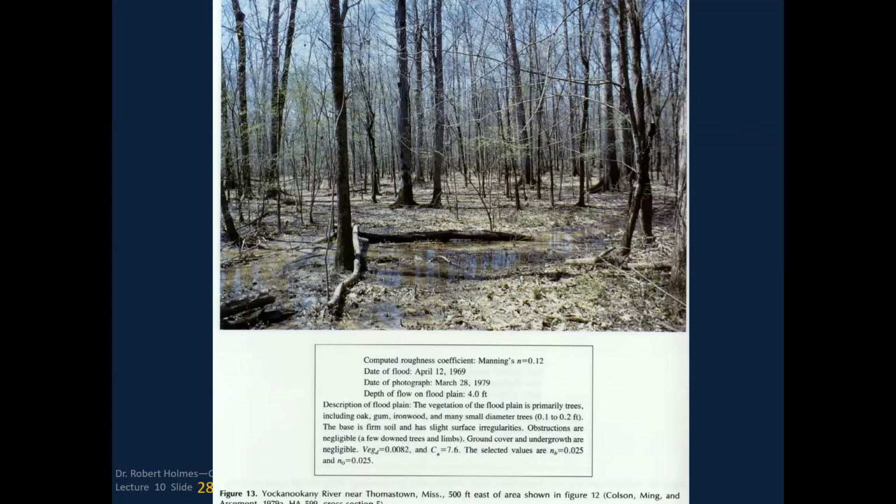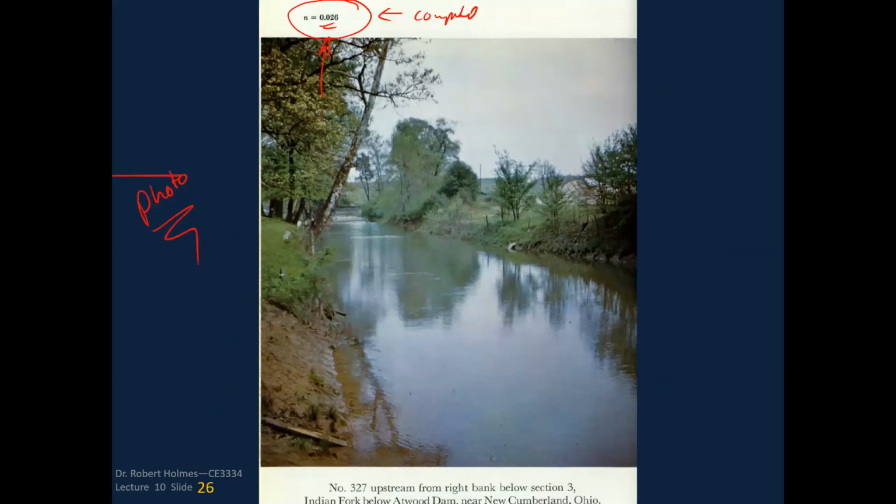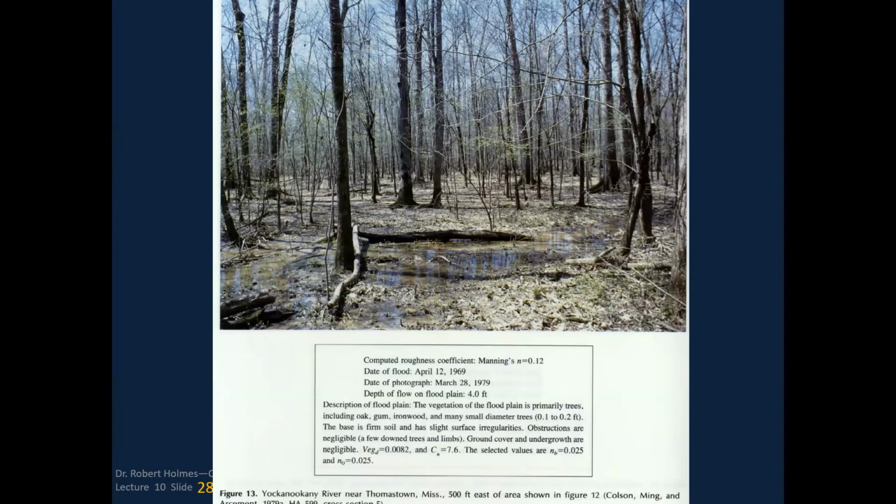Here is for floodplains, and this is a report by Arsenault and Schneider, and I listed it right here. You can look this up online. I don't think I have it posted in the module, but you can go to the USGS Water Supply Paper 2339, and you can get this for floodplains. And here you've got a value of N of 0.12, fairly rough.